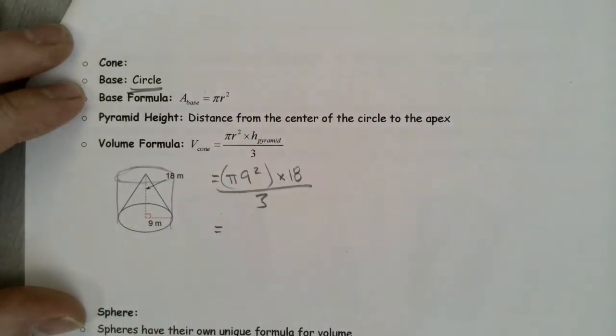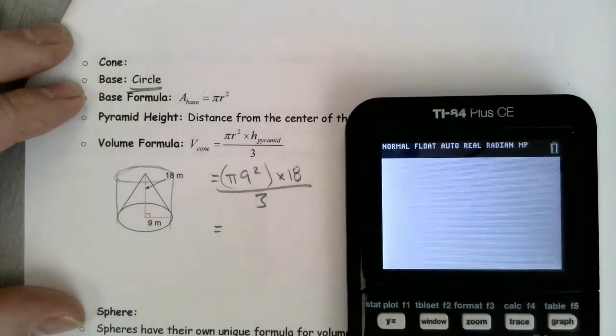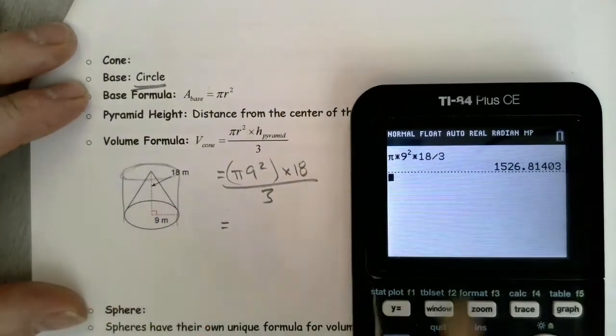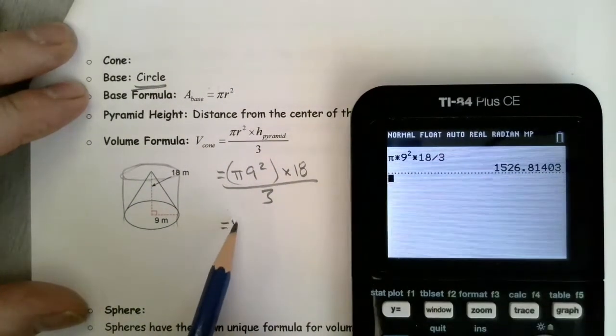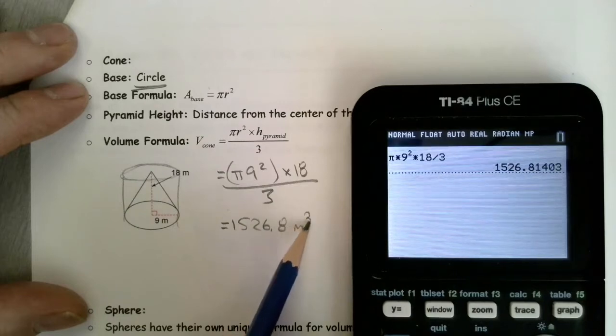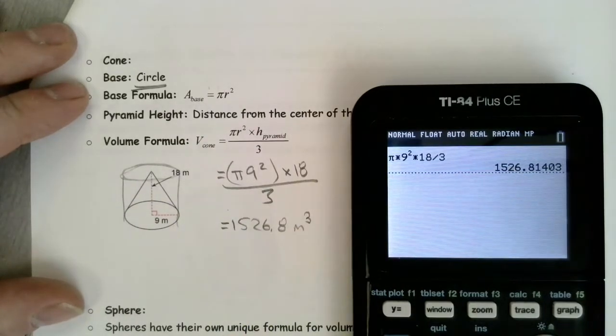And dividing by 3 is what converts this into the volume of the cone. So this will be pi times 9 squared multiplied by 18, and then divide the whole thing through by 3. Okay, and so to the nearest tenth, that's going to be 1,526.8 meters cubed, because we're dealing with volume.